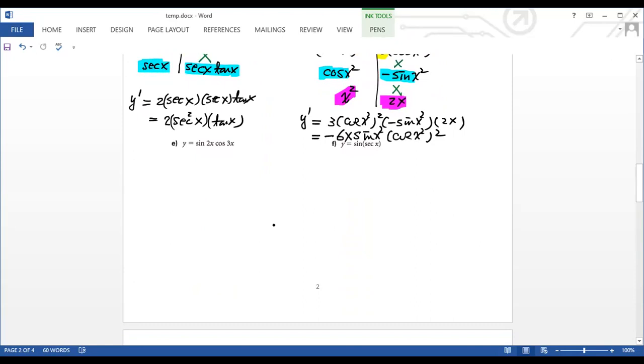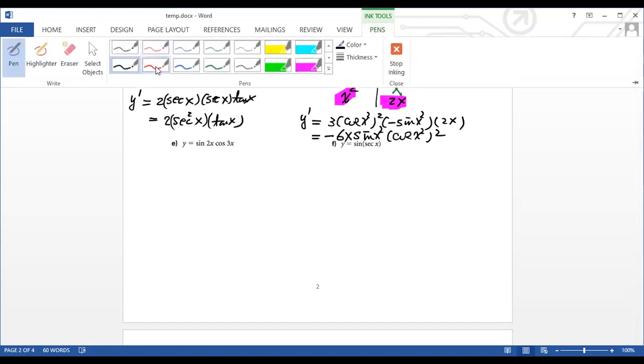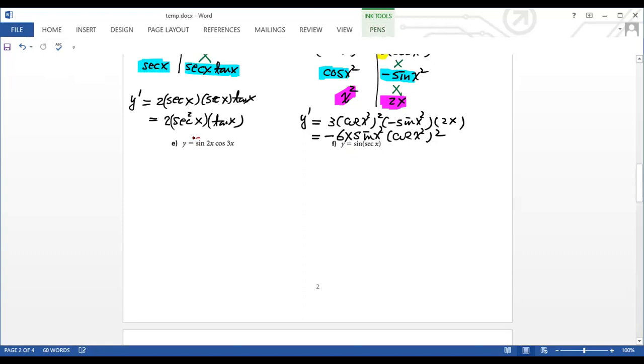This is y equal to sine 2x cosine 3x. So first thing you say, oh, I have a function here, I have a function here. So what do I need to use here? I need to use the product rule first, right? So y prime.